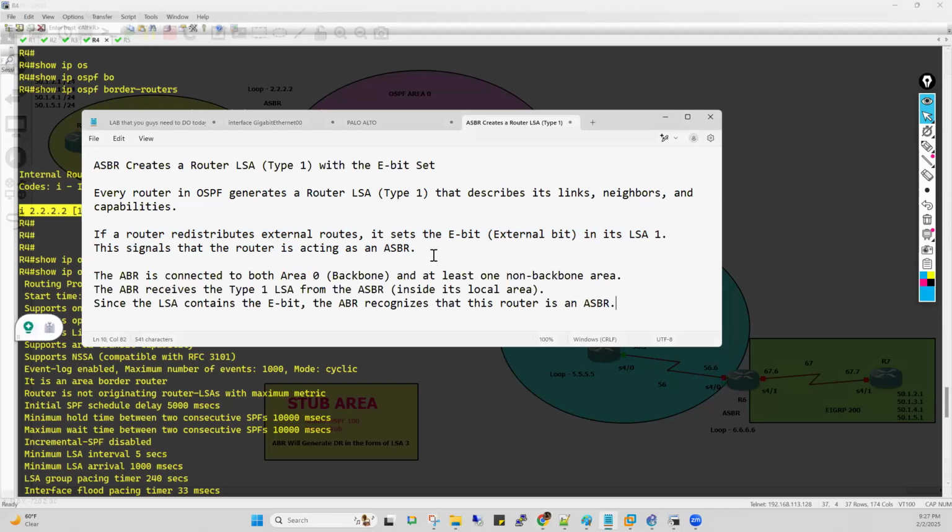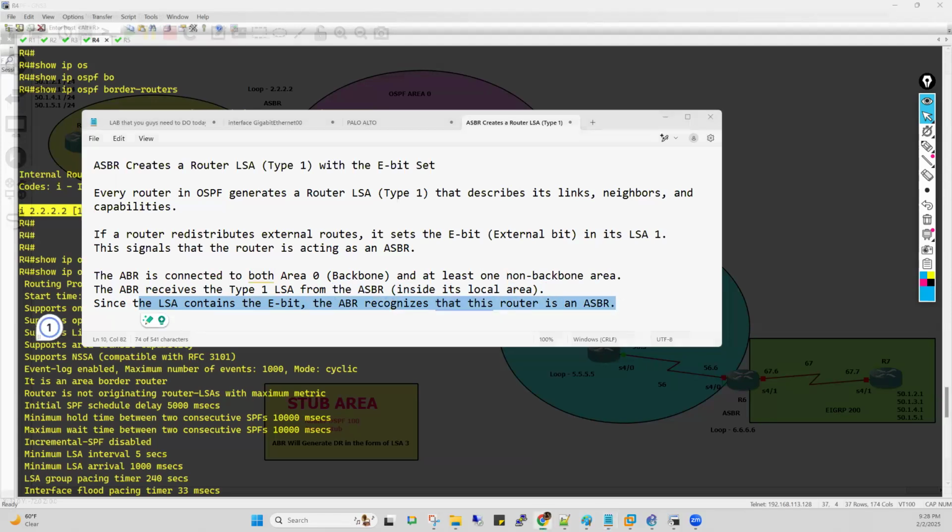Now read these 3 lines. The ABR is connected to both area 0 as well as one non-backbone area. The ABR receives the type 1 LSA from the ASBR inside its local area. Since the LSA contains the E bit, the ABR will recognize that this router is the ASBR.